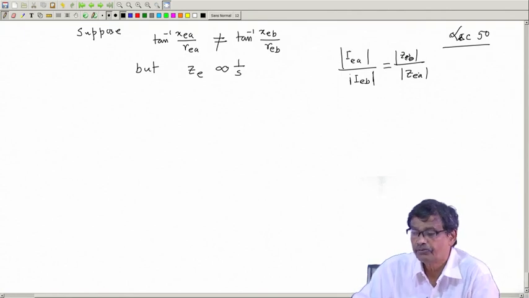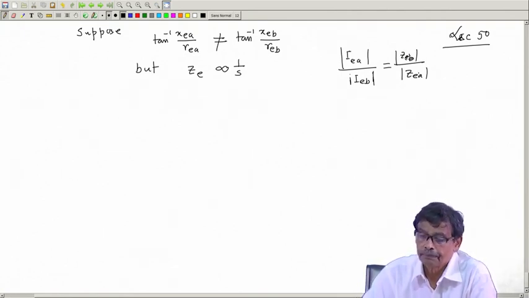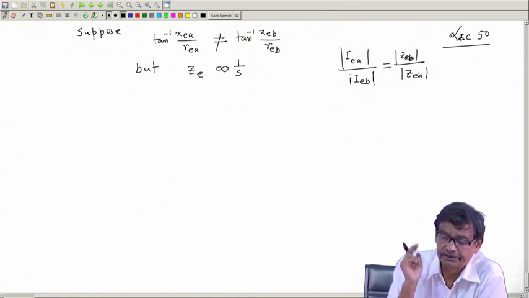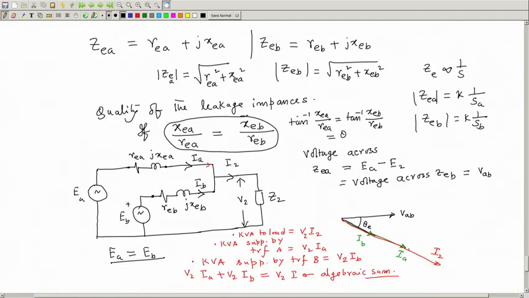So, the magnitudes of IEA and IEB will be in inverse ratios. But what is the implication of this then? We have seen already that the voltage across these impedances is the same, and that voltage I denoted by VAB.